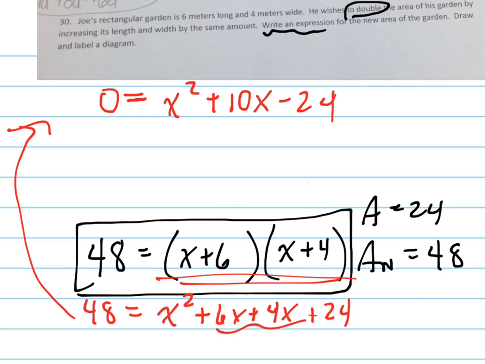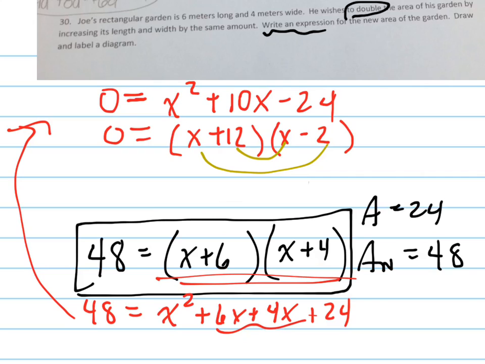And now if that can be factored, which it can, I would want to factor it. I'm going to factor this into x plus 12 times x minus 2, because you'll notice that if you multiply that back out, you'll see that that actually works.